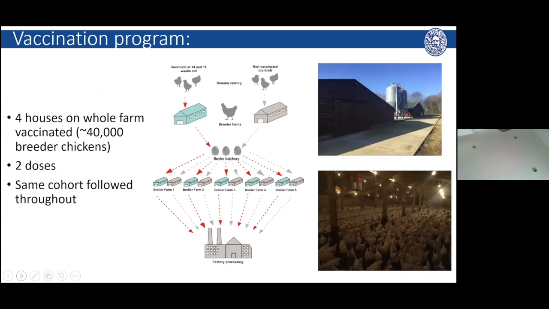We vaccinated them with 2 doses, at 14 and 18 weeks of age, at the breeder rearing stage, which is at the very beginning of the poultry distribution system. We had a corresponding control non-vaccinated breeder farm, and we made sure to follow the same flocks throughout the chain to avoid any mixing with non-vaccinated flocks.